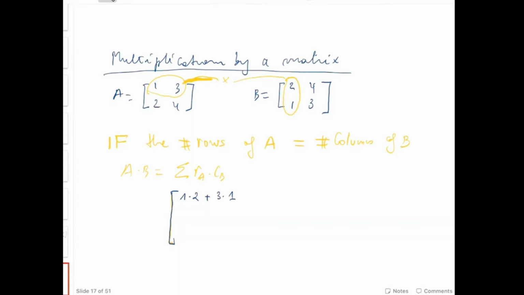So this sum sign is what we have here. We take the multiplication of each element and then we add together.